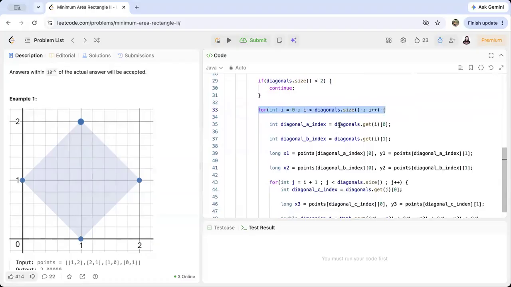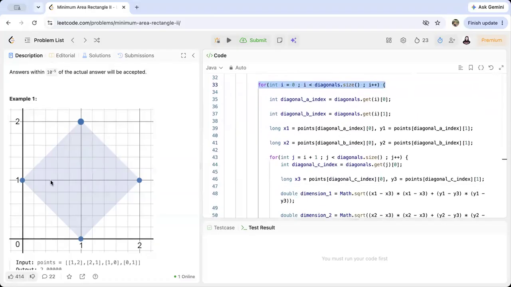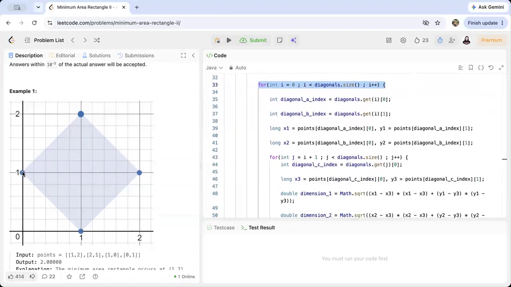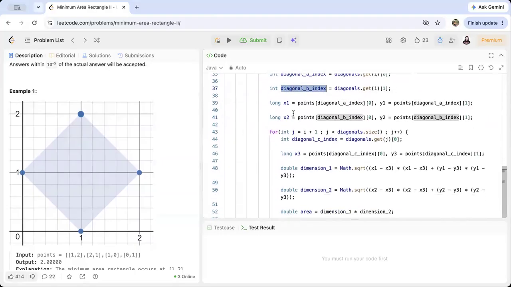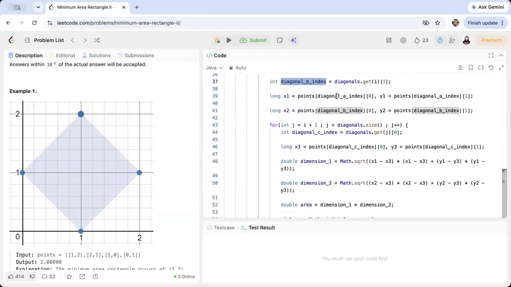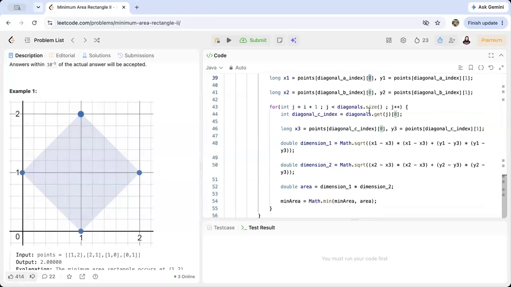Else we iterate through the list of diagonals that we have. Let's say I have this diagonal A index, then diagonal B index, and then we have the x coordinate and y coordinate for both of the points P1 and P2. Let's consider 0 comma -1 and 2 comma -1 as P1 and P2.